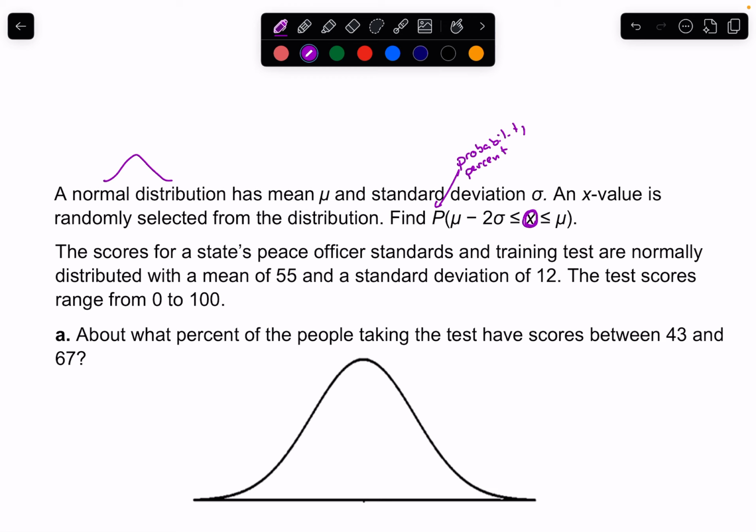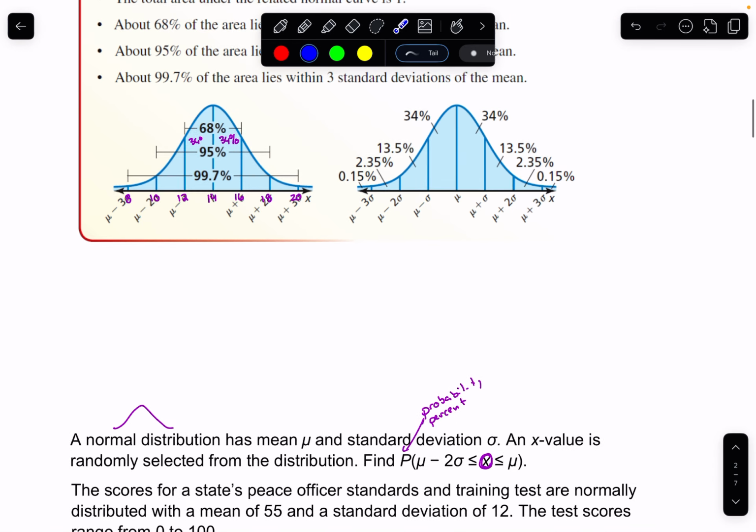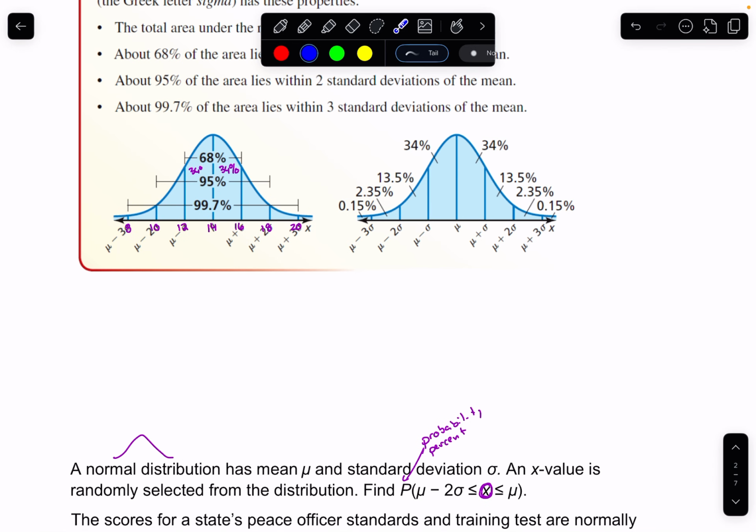It's asking me what percent of the time is X in between mu minus 2 standard deviations and the average. So when I look up at my chart right here, mu minus 2 is right here. So it wants to know what is the percentage from here on the graph up until I get to the average on the graph.